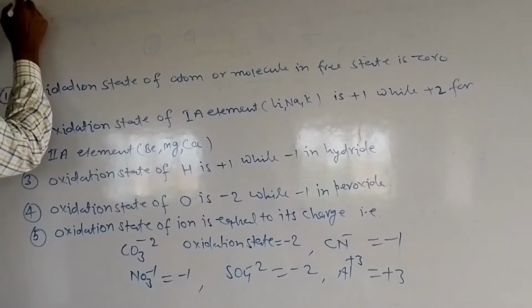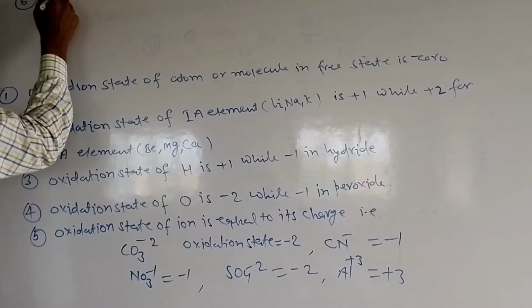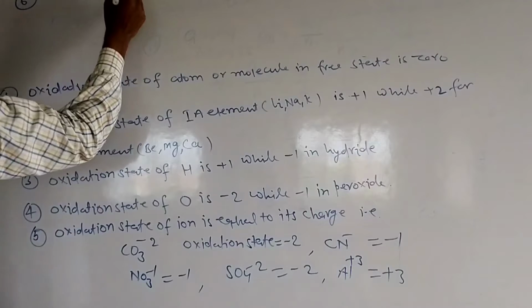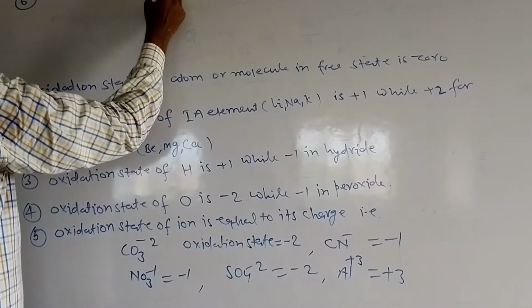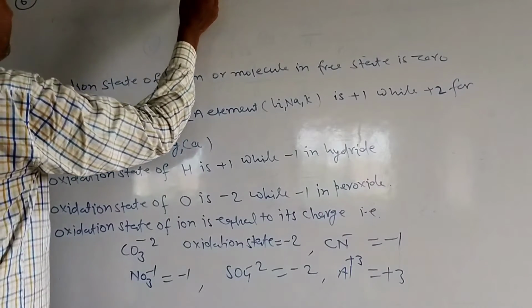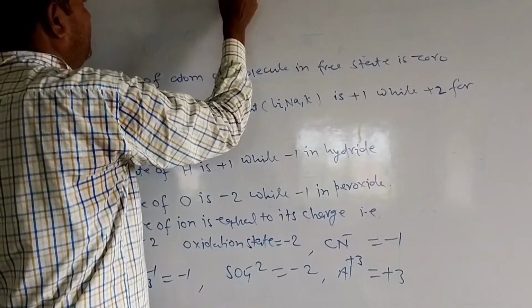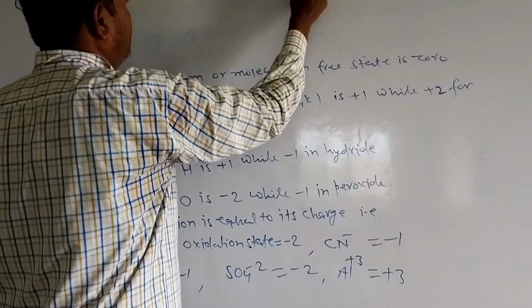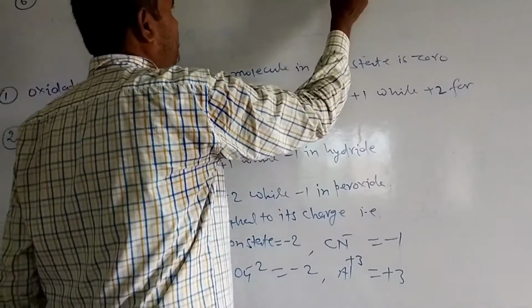Number 6, the oxidation state of fluorine is always -1.